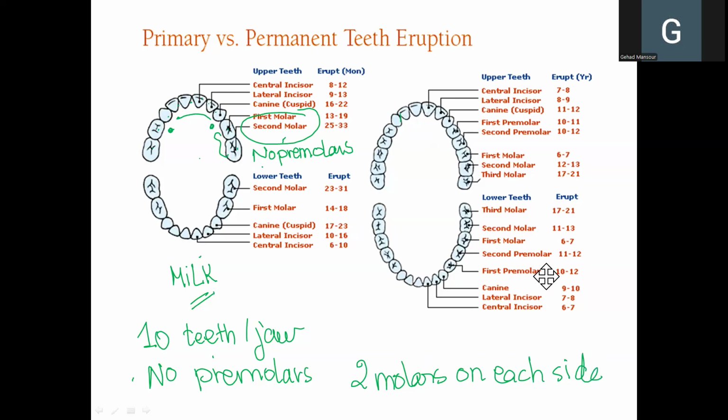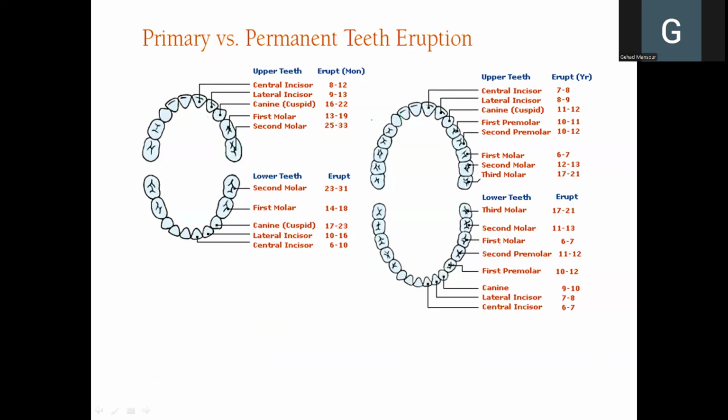But let's look at the permanent teeth. In the permanent teeth, we have 16 teeth per jaw. And these 16 teeth per jaw consist of what? They consist of the 4 incisors. We have central incisors and lateral incisors, and canines on each side.